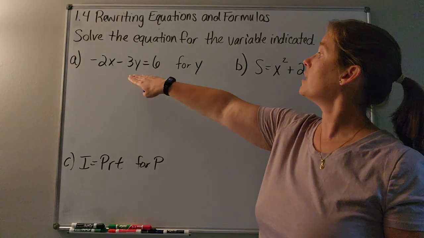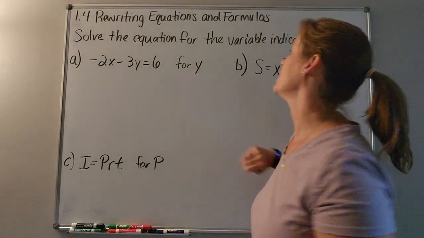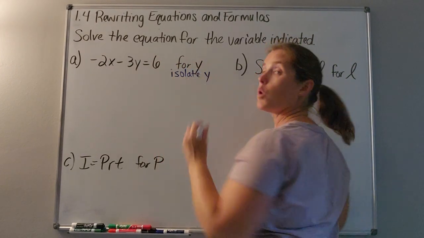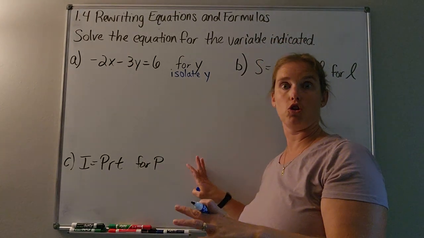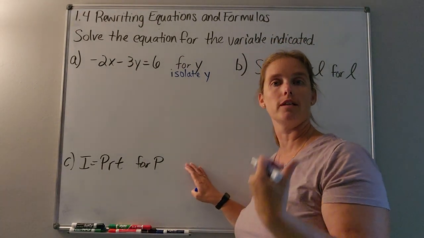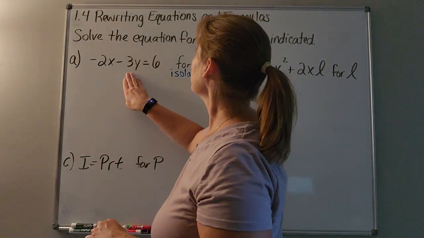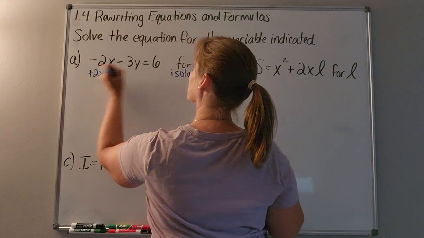But this problem, negative 2x minus 3y equals 6, we're going to solve for y. That means isolate y. You are not going to get a one number answer with these problems. You're just going to get a new equivalent equation, okay? All right, so we want to get y by itself, which means we're going to add 2x to both sides.